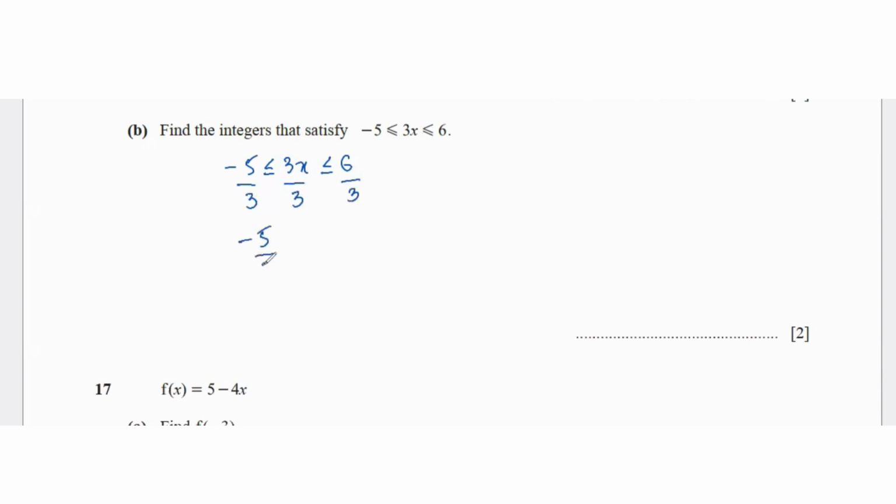That's going to give us negative 5 over 3 over here, x in the middle, and 2 over here. We know negative 5 over 3 is negative 1.6 recurring. So between this, we have negative 1, 0, 1, and 2. These are the integer values.